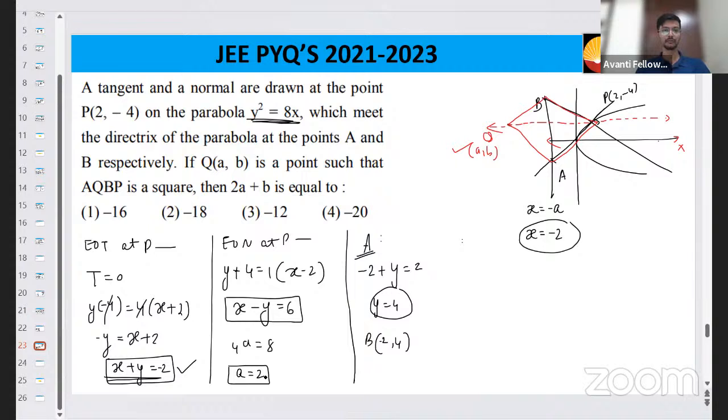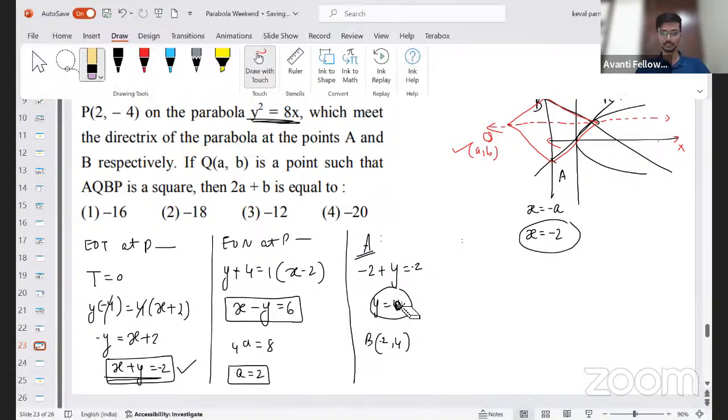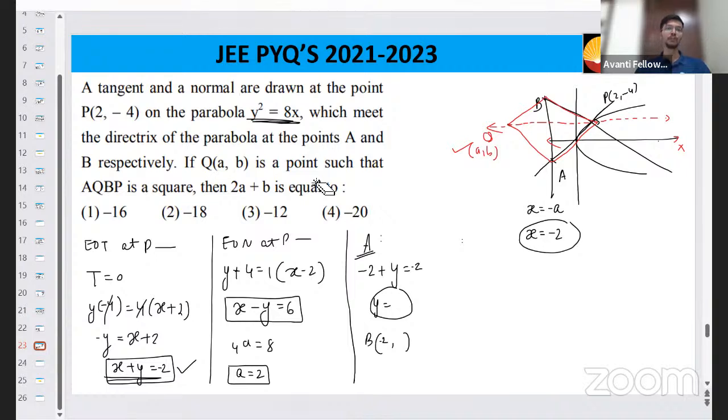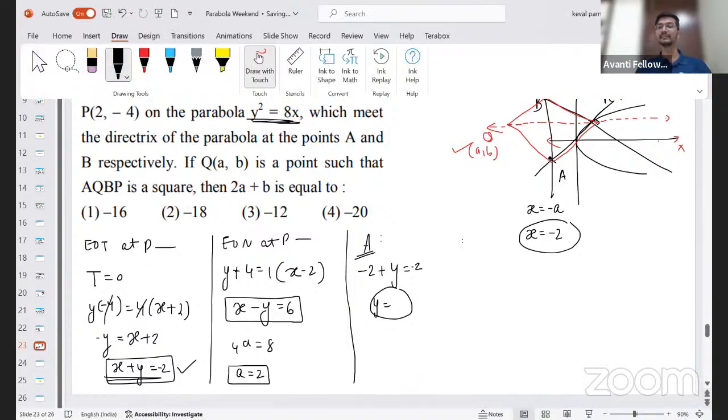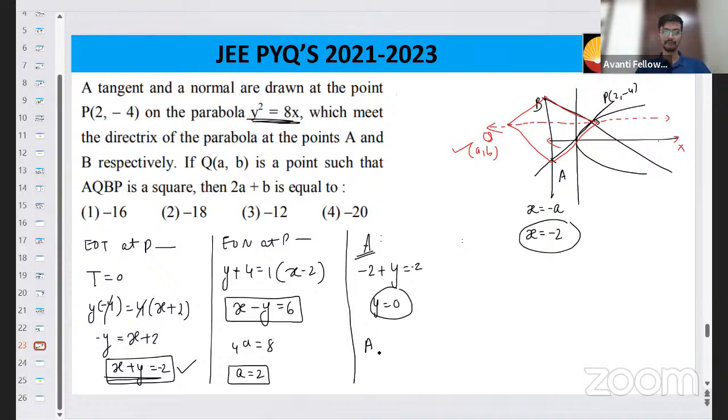Sorry, guys, this will be minus 2. So y will be 0. Point A is the point of intersection of tangent and directrix. That means point A, if we solve tangent and directrix, we'll get minus 2 comma 0.